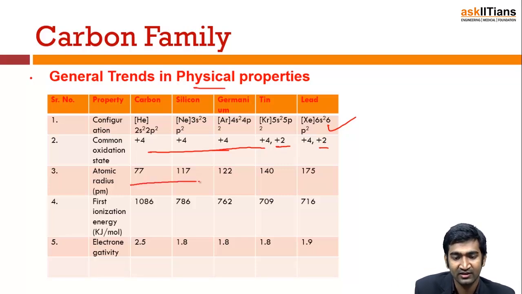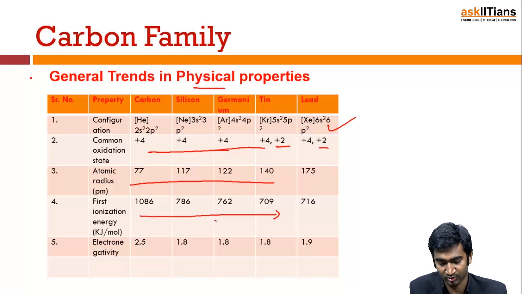Atomic radius will increase. First ionization energy will decrease down the group, and electronegativity will also decrease down the group. It's a similar trend to what we observed in the boron family.